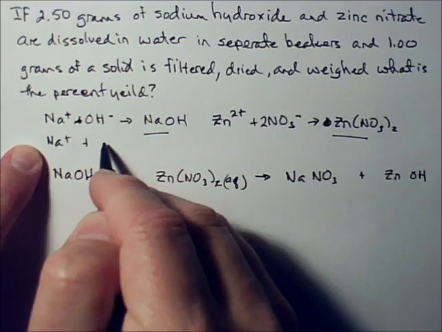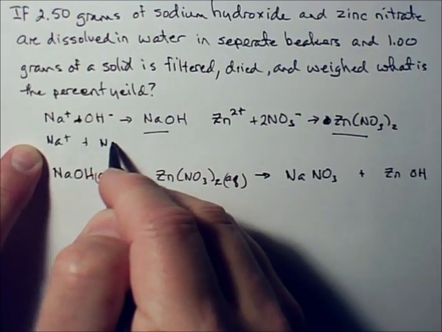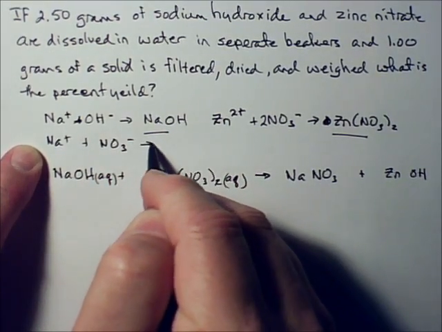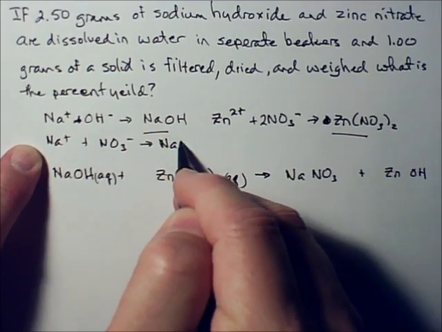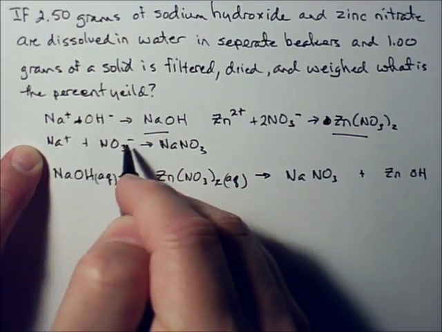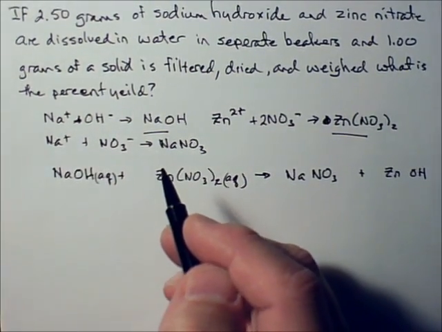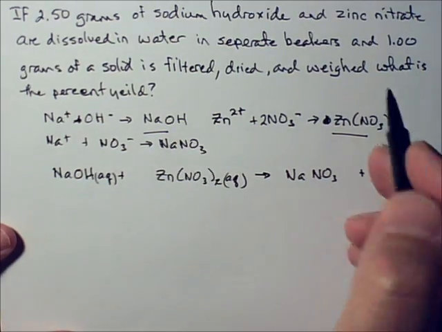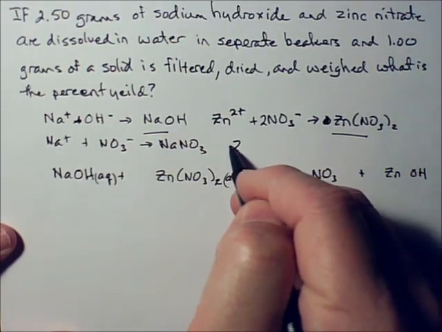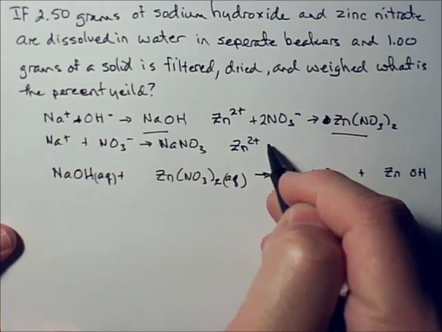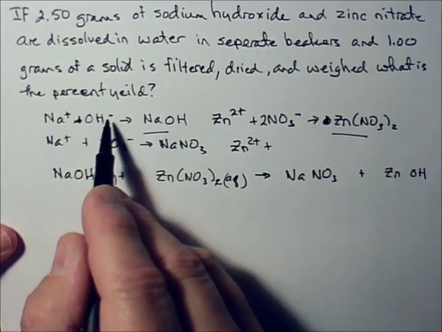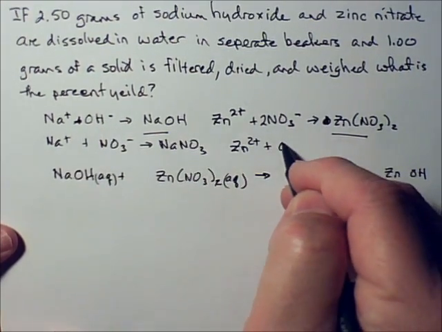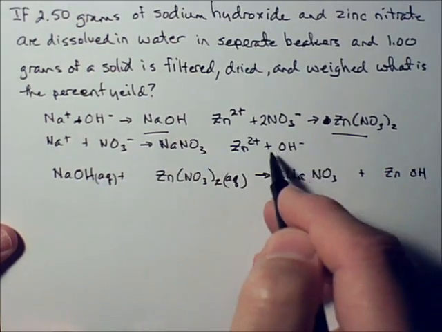NO3, we showed up here, has a 1 negative charge. So that's going to be pretty simple. NaNO3. A 1 plus and a 1 negative gives you a 0 charge, or a neutral charge, and that's what we want. The zinc, as we said up here, has a 2 plus charge. And the OH, we said up here, has a 1 negative charge, the hydroxide. So we're going to need 2 of these.